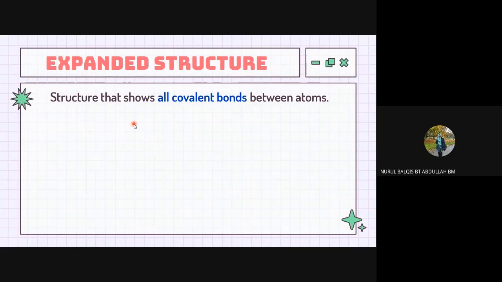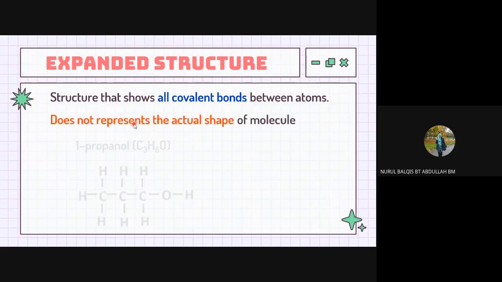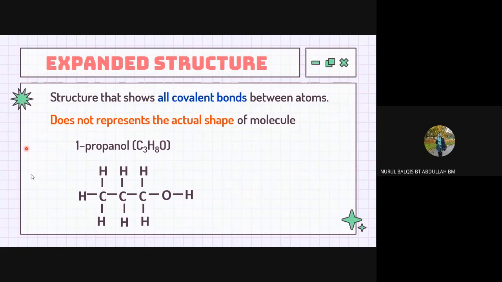Okay, so dalam expanded, you are going to show all the C and H and O together with the bond between them. So this is how you draw your expanded structure. Okay. So kalau tengok sini, C dengan H, C elemen lain, H elemen lain, kena ada bond between them. C dengan O, dia elemen lain, kena ada bond between them. O dengan H ada bond between them. Kalau dia minta expanded, semua kena expand.